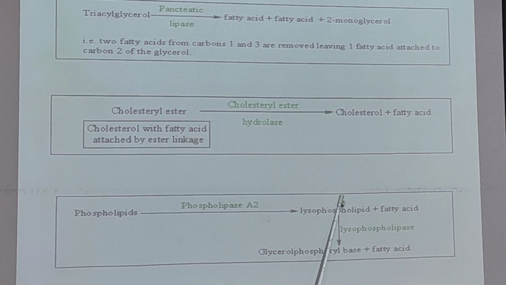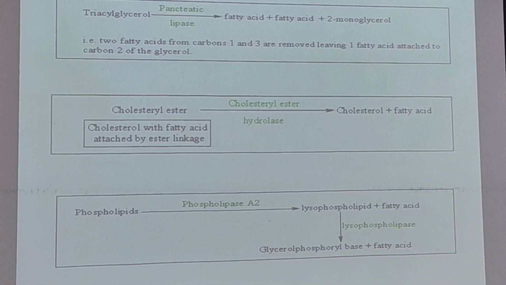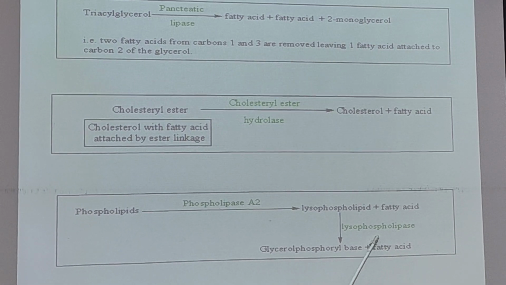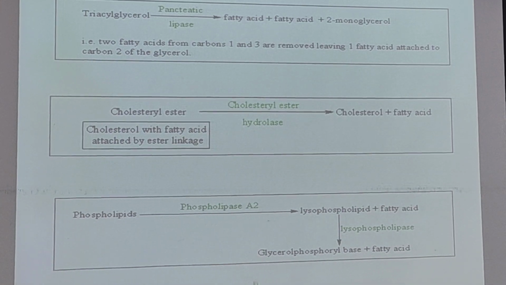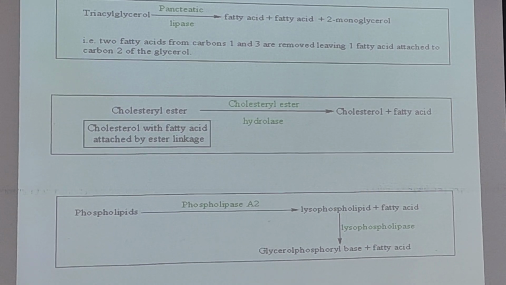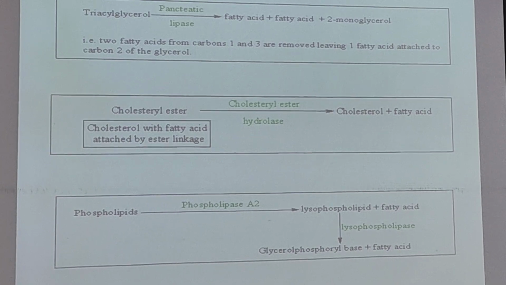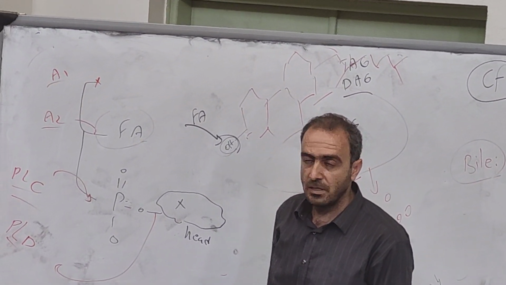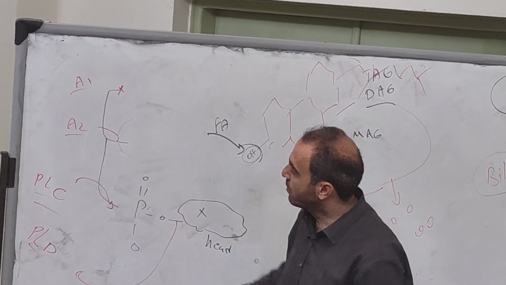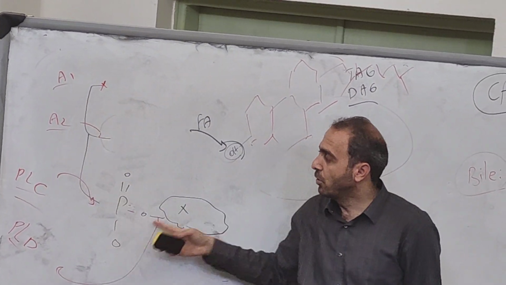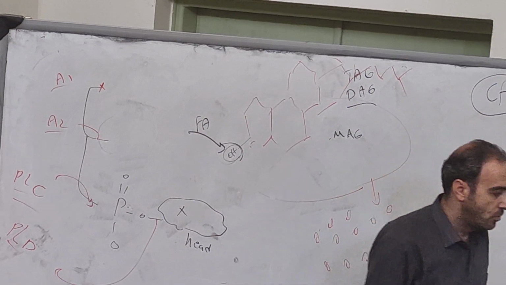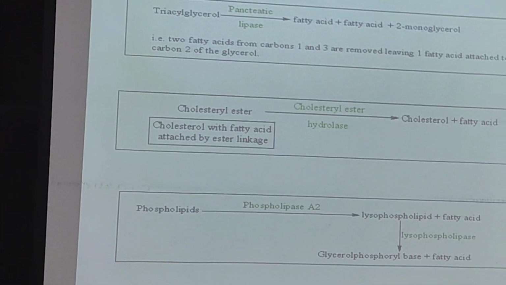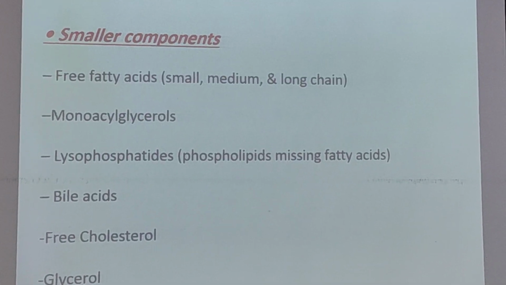Again, if we take the other fatty acid by lysophospholipase, we have another fatty acid and glycerophospholipid. For example, imagine first of all this is a lysophospholipid, and if we remove this fatty acid, it is also known as glycerophospholipid. Glycerophospholipid and fatty acids.